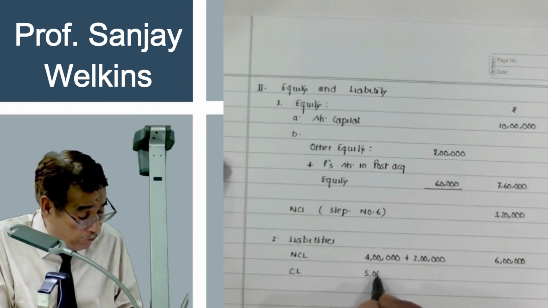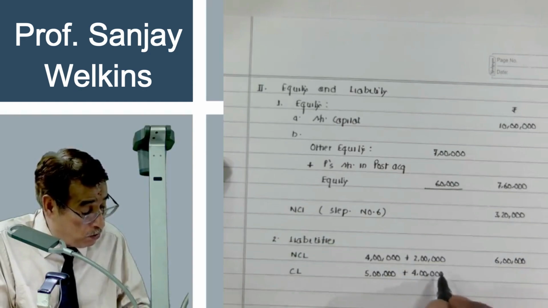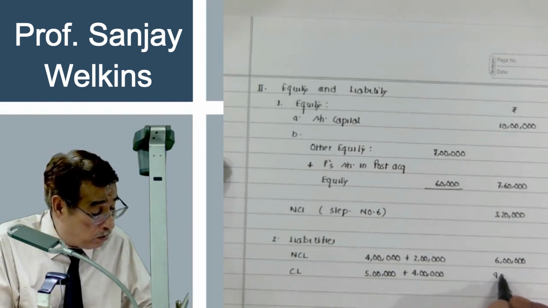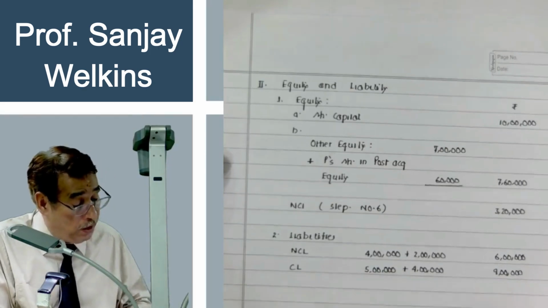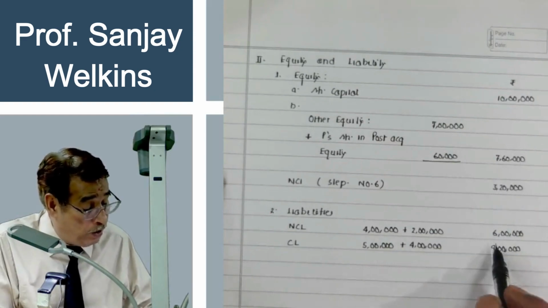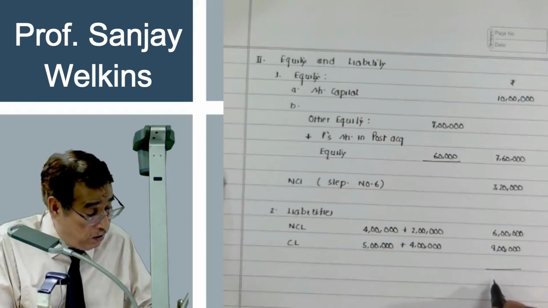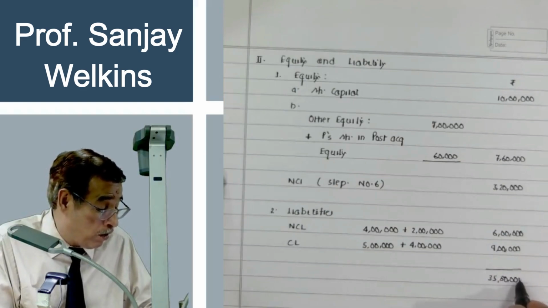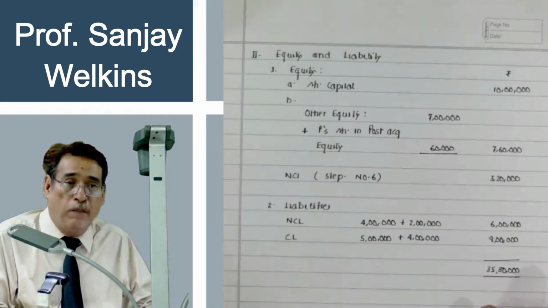Current liability is 5 lakh plus 4 lakh. Total will be equal to 9 lakh. Correct? 20 lakh, 20 plus 15, 35 lakh plus 60 plus 20. So 35 lakh 80,000 will be your total.